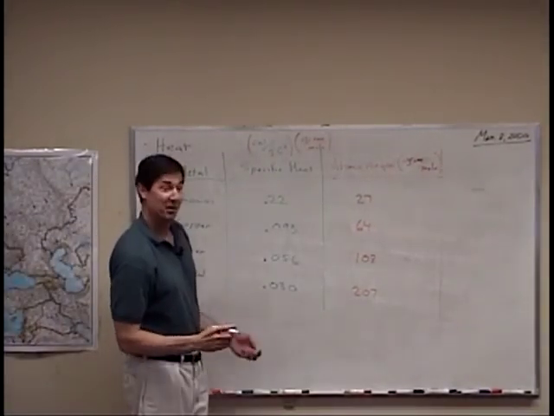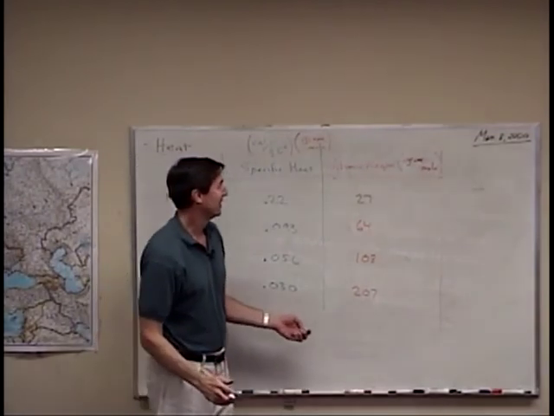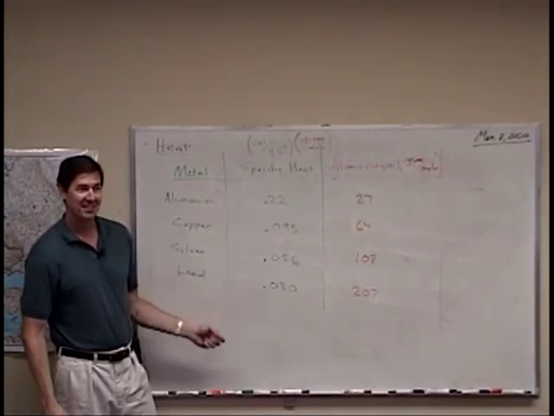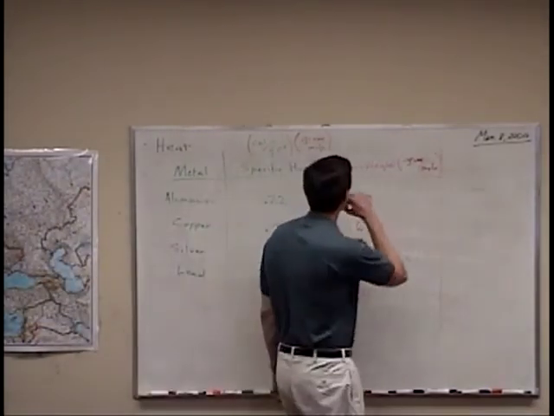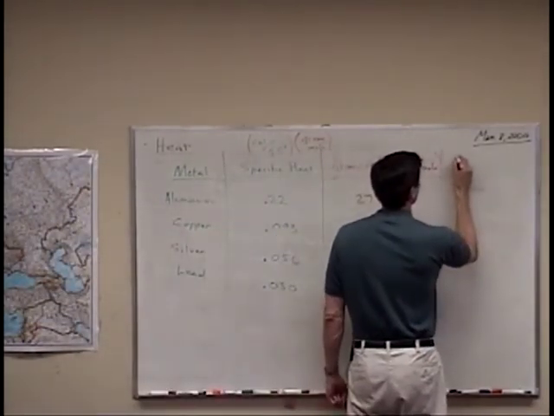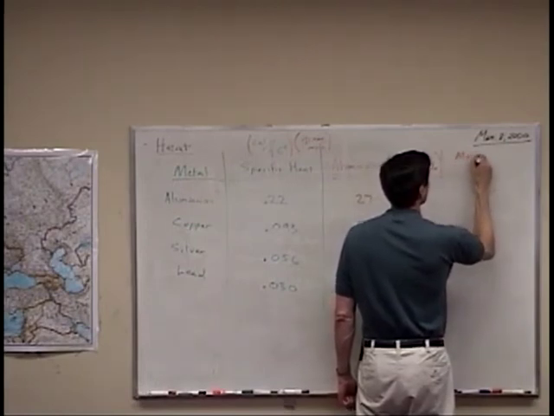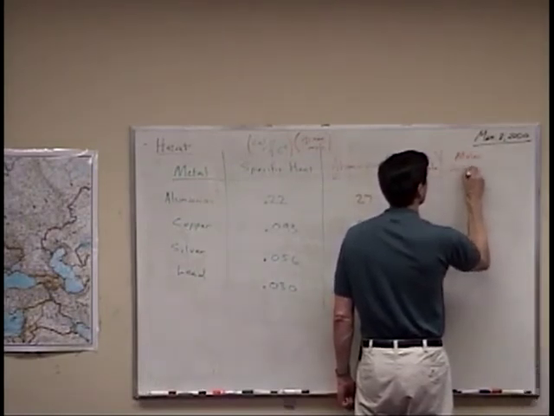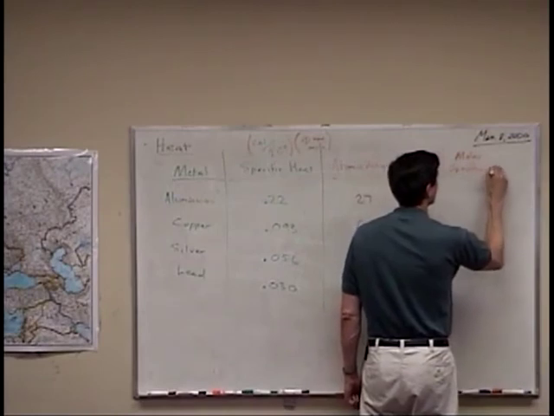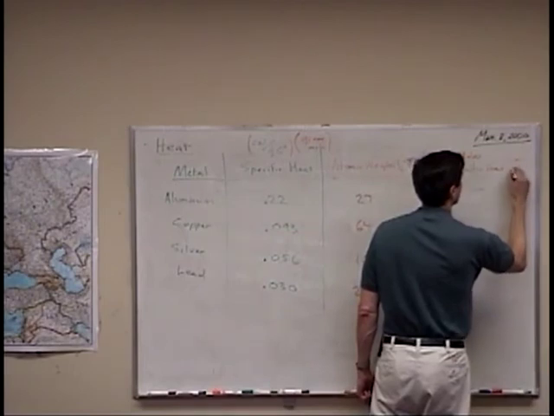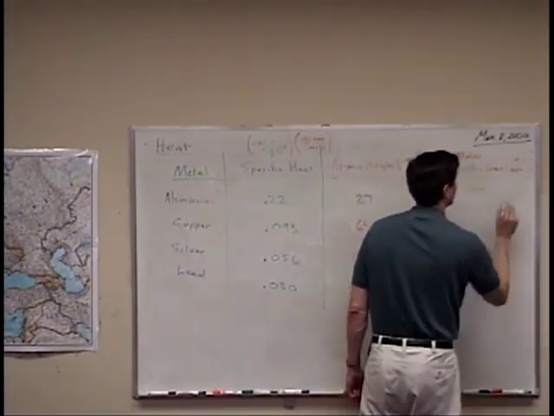So what does that mean that I should do here? Just multiply these numbers. That gives me what is called molar specific heat, which is calories per mole degree.